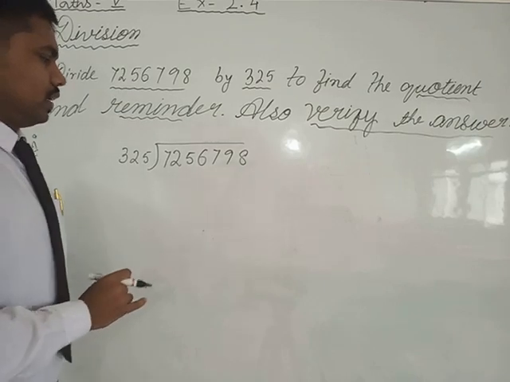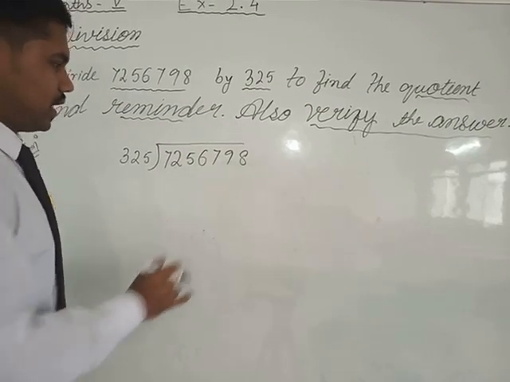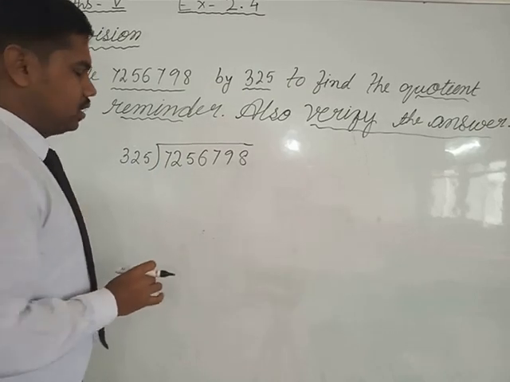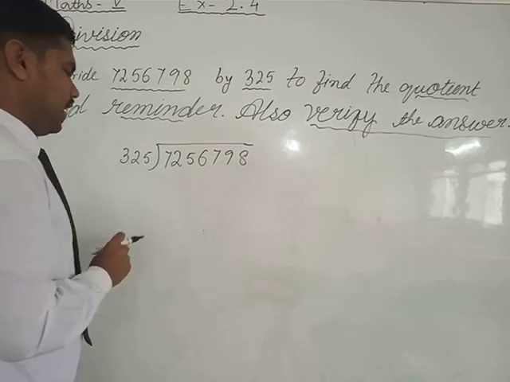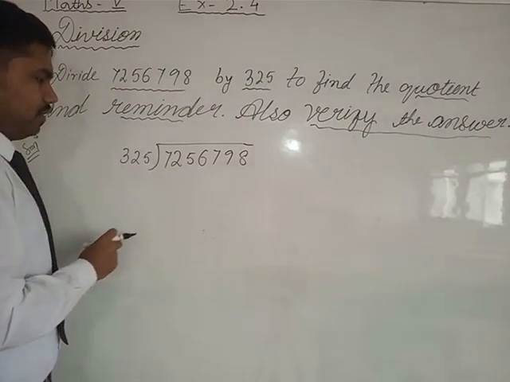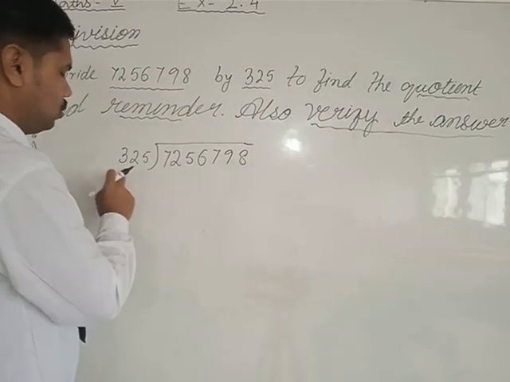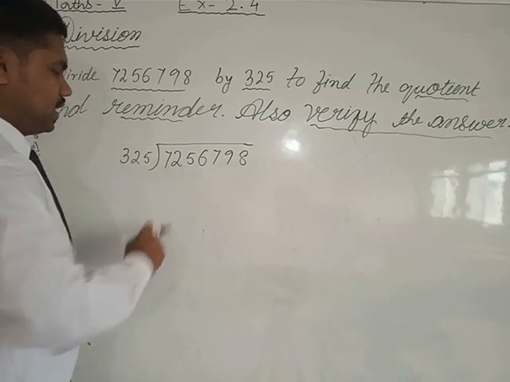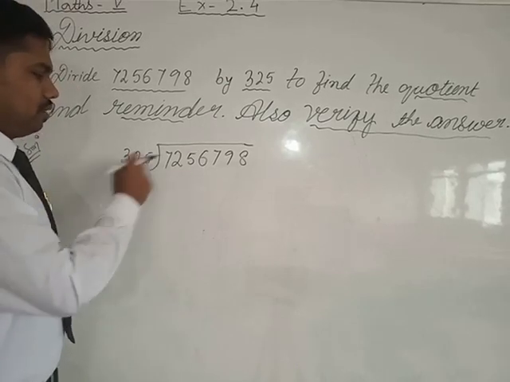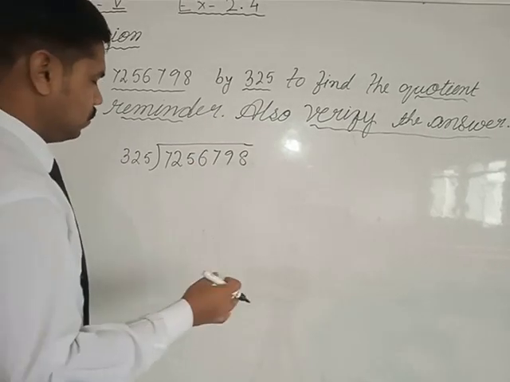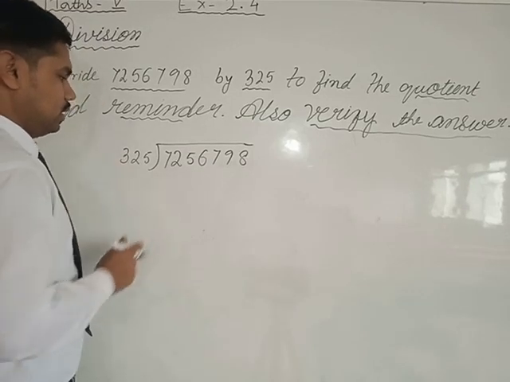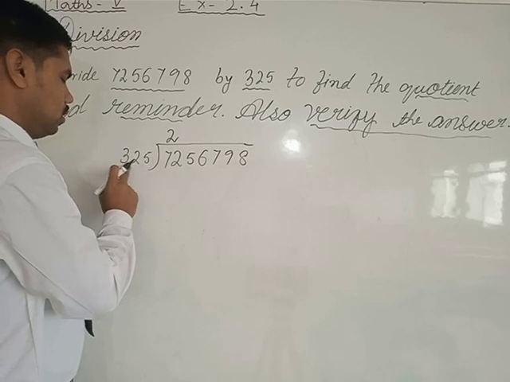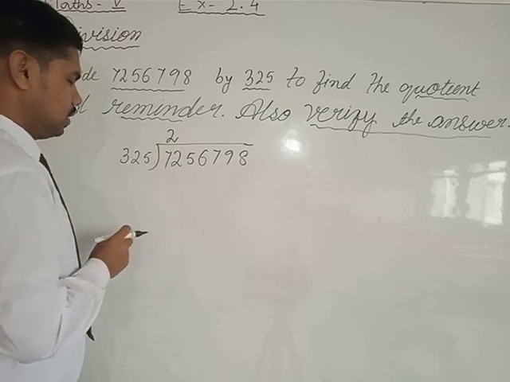First thing you have to check is that here there are 3 digits, so here also we will take 3 digits. How many times? One time it will definitely be less, so two times it will be 650. Three times it will be too large, so we will take 2 times. Two times is double, so as I told, 650.